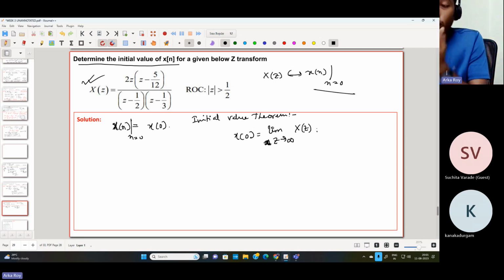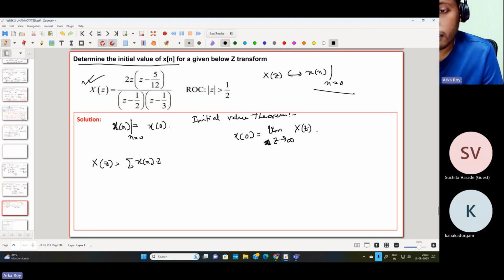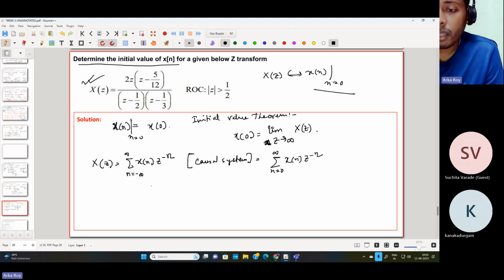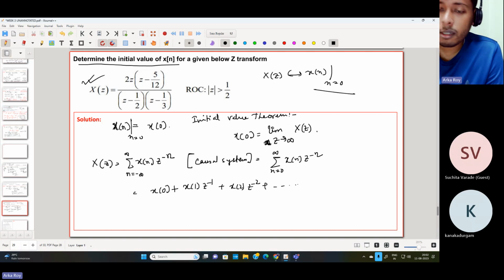Now the question is how I have got to that particular relation. Let me just prove the relation for you. So x z can be written as the sum of x n z to the power minus n, with n running from minus infinity to infinity. Now we'll consider again that the system is a causal system. So causal system means my limit will be restricted from n equals 0 to infinity of x of n z to the power minus n. Okay, so x0 plus x1 z to the power minus 1, x2 z to the power minus 2, and so on, and it will run till infinity.